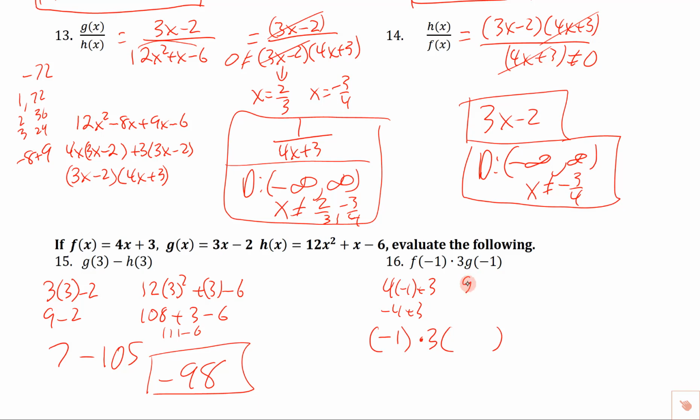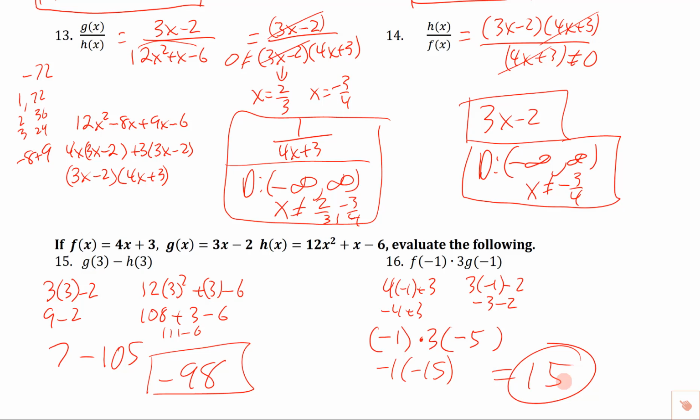So that's going to be, let's see, g of negative 1 is going to be 3 times negative 1 minus 2. So that's going to be negative 3 minus 2, so I end up with a negative 5. So let's see, if I have a negative 1, and then this is going to be a negative 15, I end up with 15. So we'll go ahead and circle that, and there's our answer.